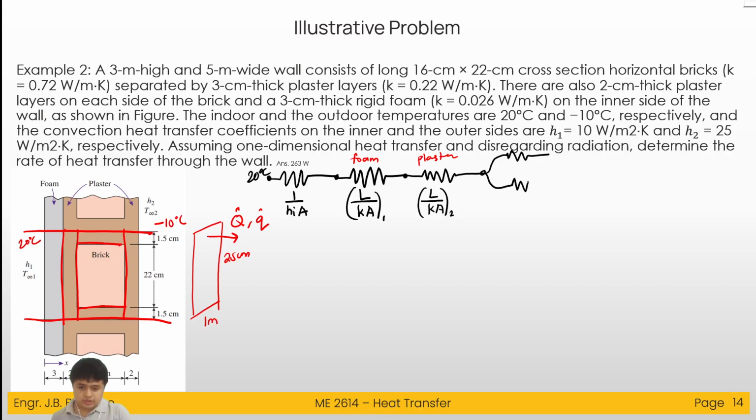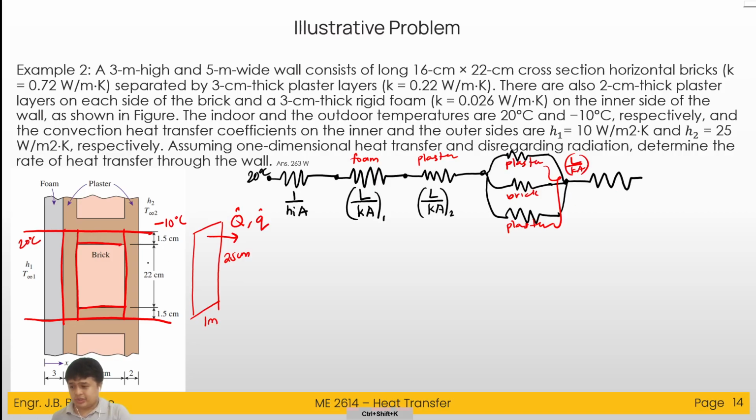Sorry, but this will not be that amazing to look at. So you have here plaster, a brick, another plaster. Everything here will have an L over KA. I'll just write down later.